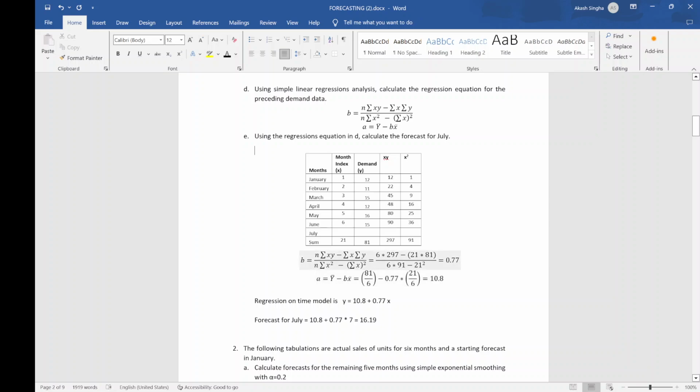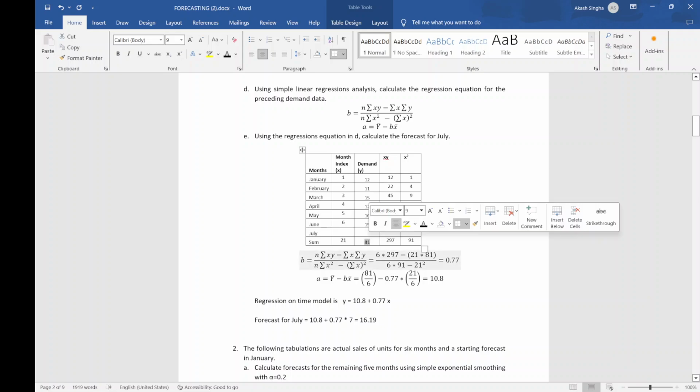b is given by this formula, where n is 6, the number of values: 1, 2, 3, 4, 5, 6. You have to calculate x and y. If x and y are given, calculate xy and then x square. For summation xy, the summation of the xy values, and for summation x into summation y.